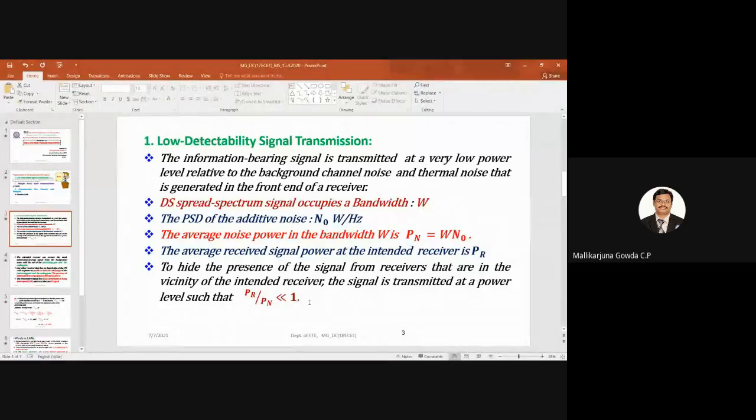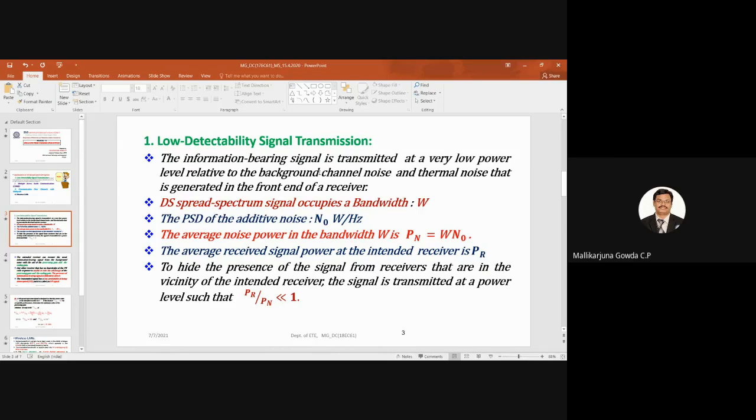In other words, the average received signal power at the intended receiver should be much less than the average noise power in the bandwidth W. Then only is it possible to hide the presence of the signal from other receivers in the vicinity of the intended receiver. Hope you are understanding what I am saying.